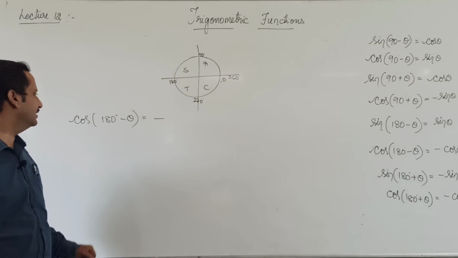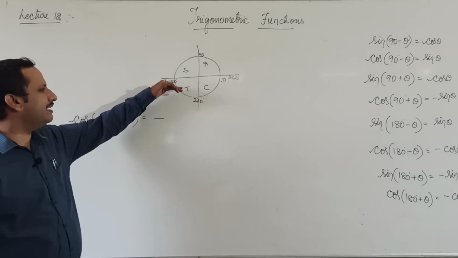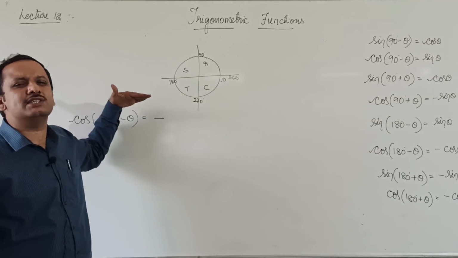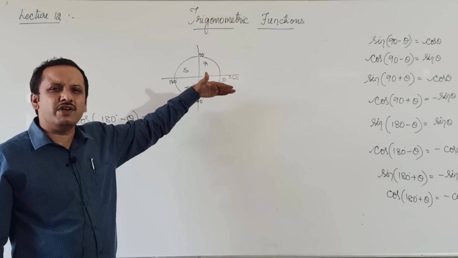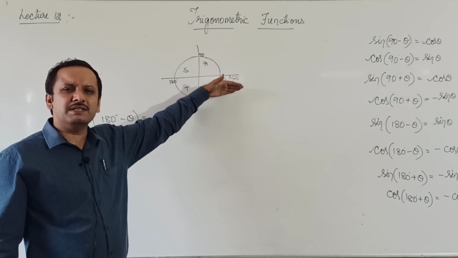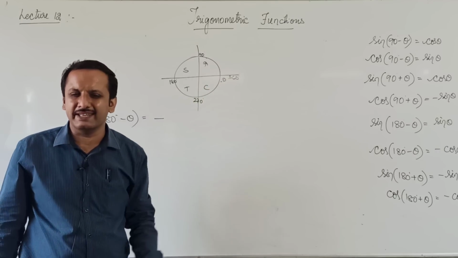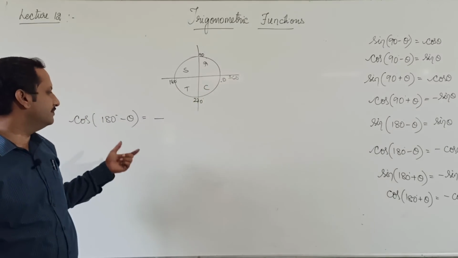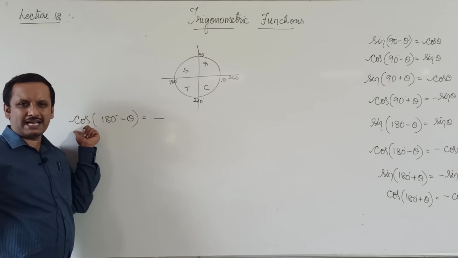Okay. Then 180 minus theta. If you are using this horizontal line, that x-axis, it's called the horizontal line. That is, if you are using 180 minus theta or 180 plus theta, 0 plus theta, 0 minus theta, in other words 360 minus theta, if you are using the horizontal line, then you keep the same function as it is.